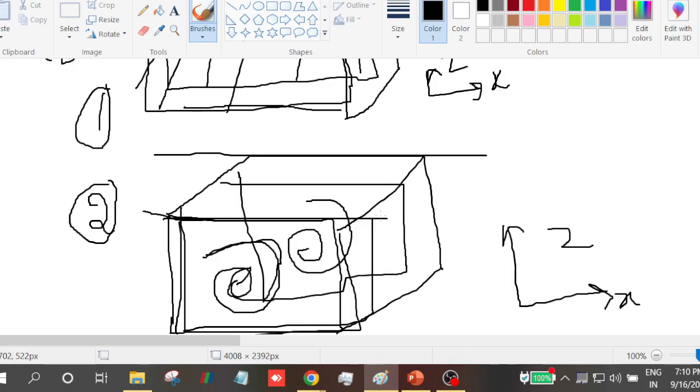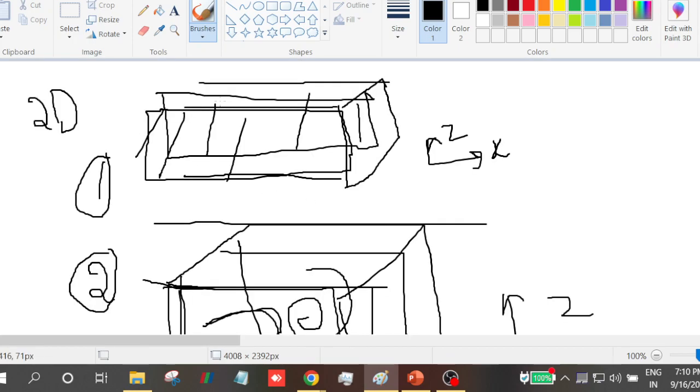So this type of flow can be studied by just using 2D equations, by ignoring the velocity in the other direction. Here it is the y direction, so we assume that there is no cross flow happening.